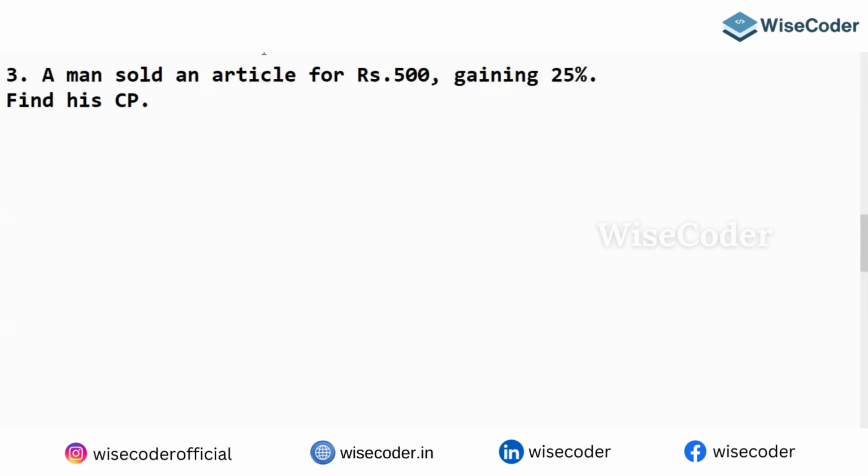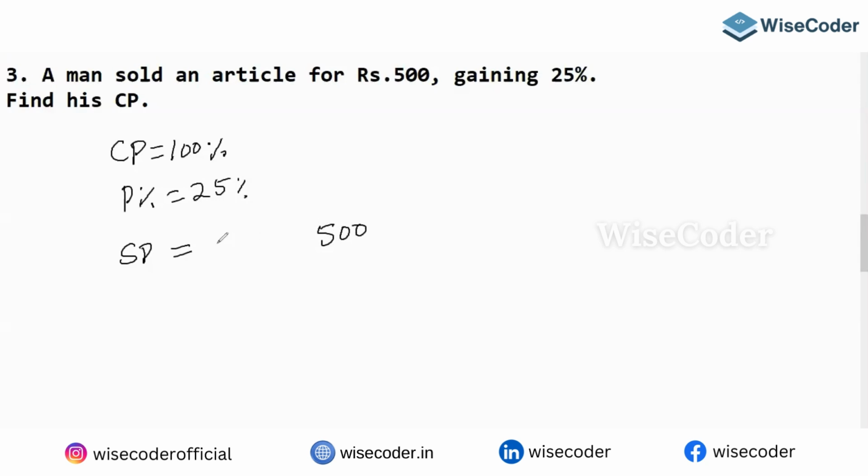Guys, we know cost price is always what percent? 100%. There is a gain. Gain means what? Profit percentage. What is the profit percentage? 25%. What is SP? 500.